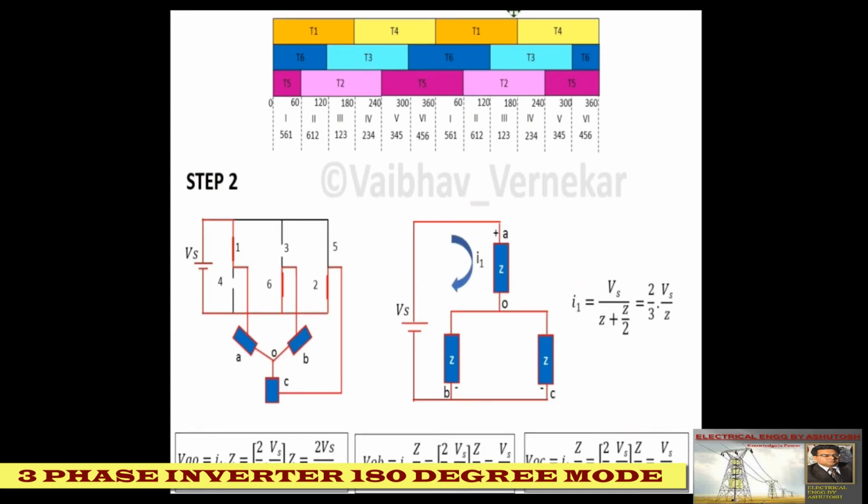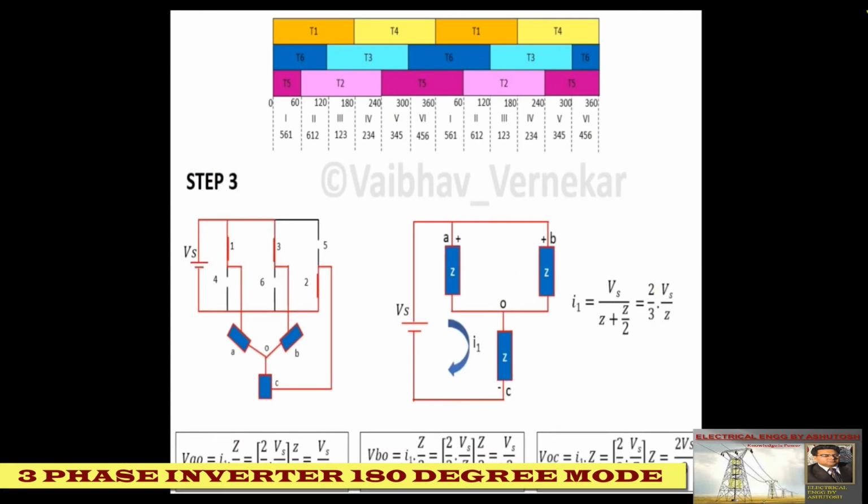Then this is our second step, where thyristors 6, 1, 2 are conducting, and the remaining 4, 3 and 5 will be open circuited. Our voltages are here like this.